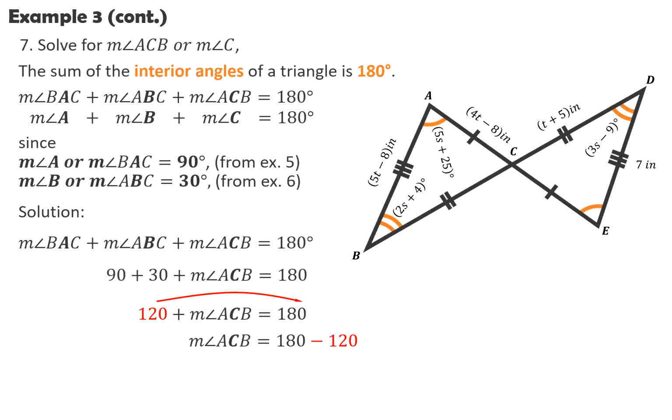Now, let us solve. 180 minus 120, that would give us 60 degrees. So therefore, yung measure ng angle C natin or yung measure ng angle ACB would be 60 degrees. So, kapag inadd natin silang lahat, 90 plus 30, that is 120, plus 60, that is equal to 180 degrees. So, that would be yung answer natin for example number 7.